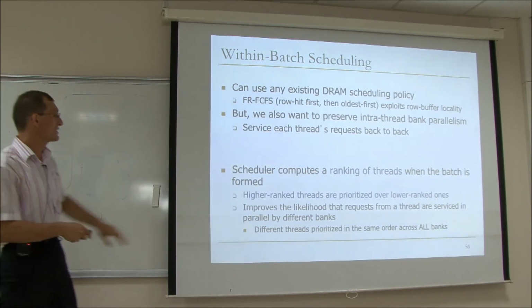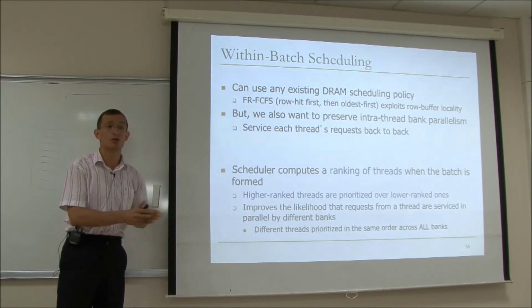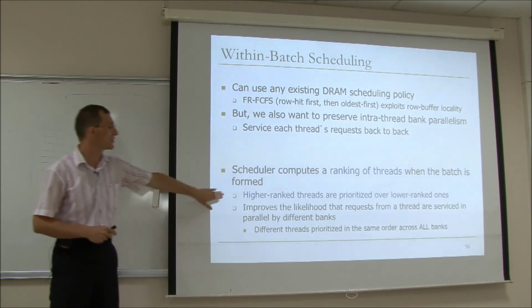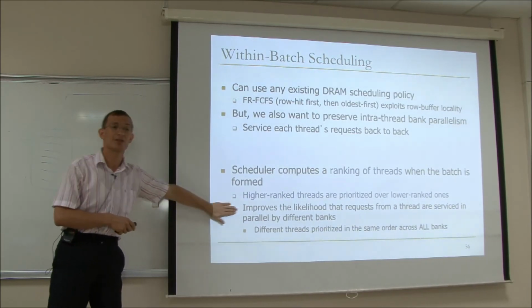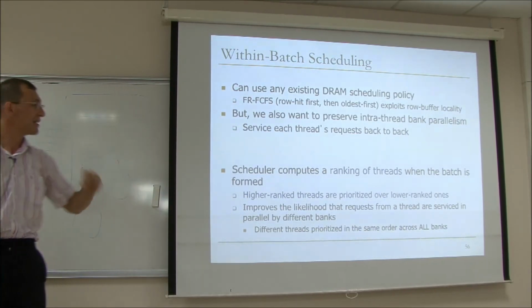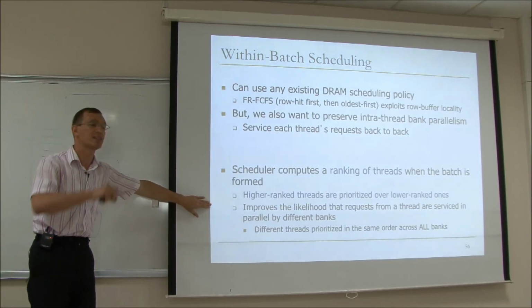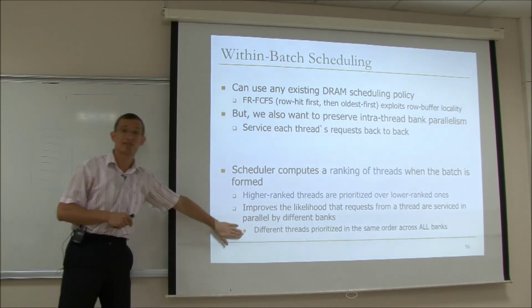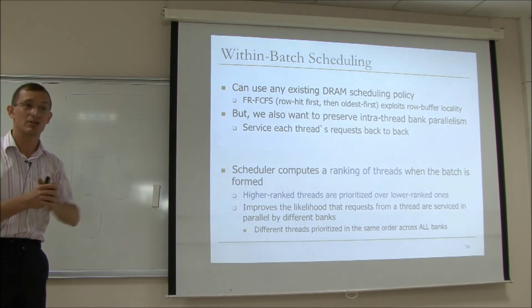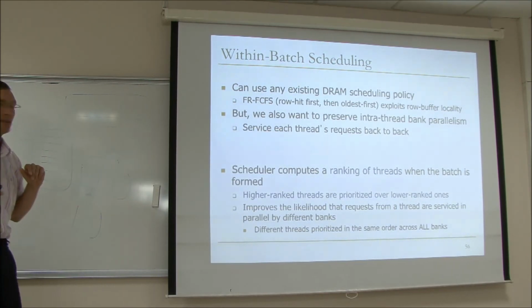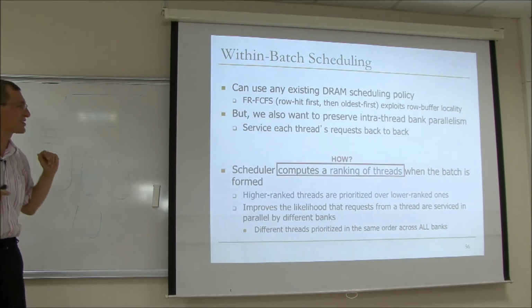And higher ranked threads are prioritized over lower ranked ones while the memory controller is doing the scheduling. The benefit of ranking is that this improves the likelihood that requests from the same thread are serviced in parallel in different banks, because different threads are prioritized in the same order across all banks, actually. So if you would like to do this, the key question is, how do you actually compute this ranking, right?